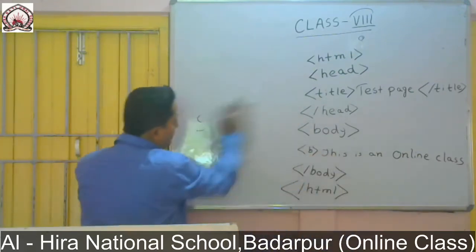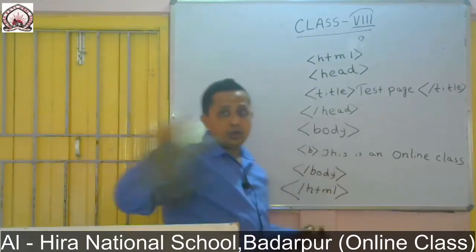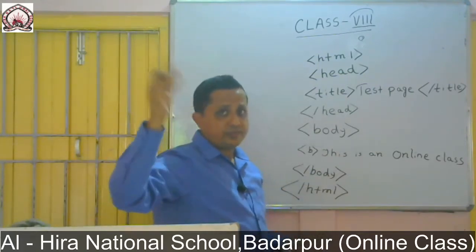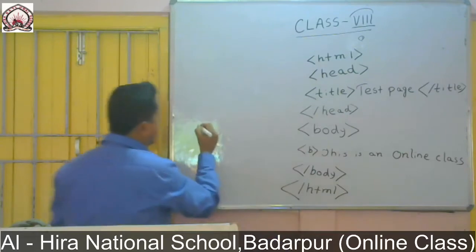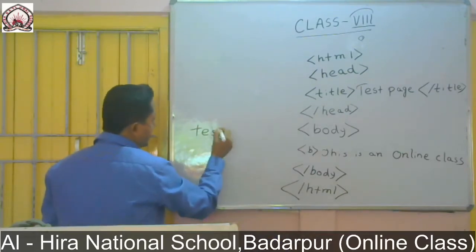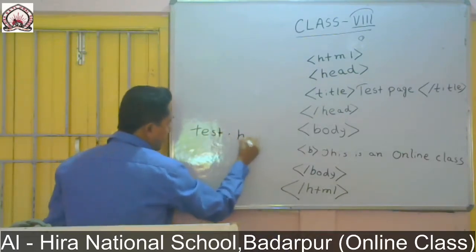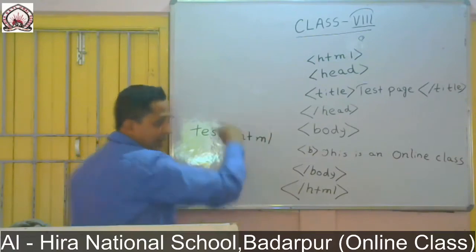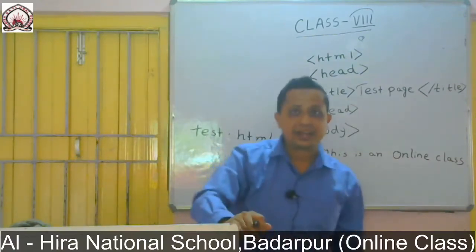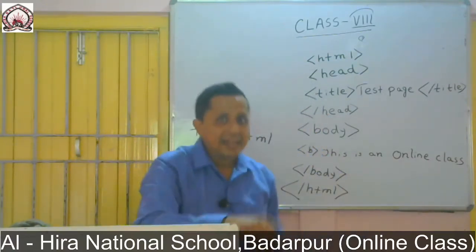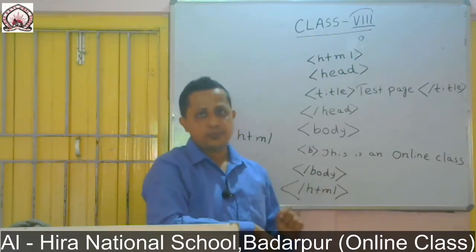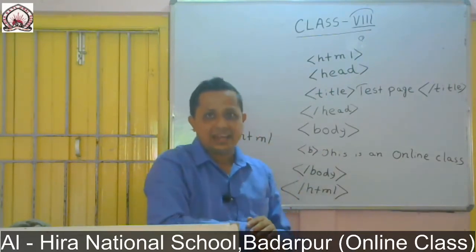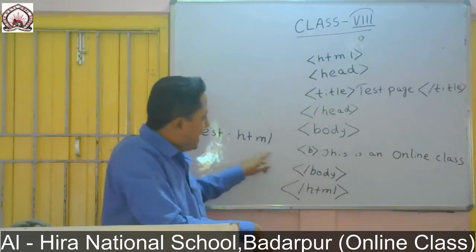In this dialog box, we will type the name of that HTML file. Suppose I have written Test, then I will type Test.html. As I told in the initial part of my class, the file extension of an HTML file is .html.